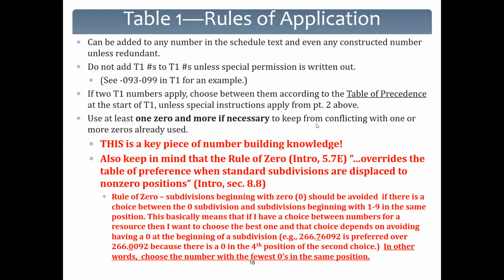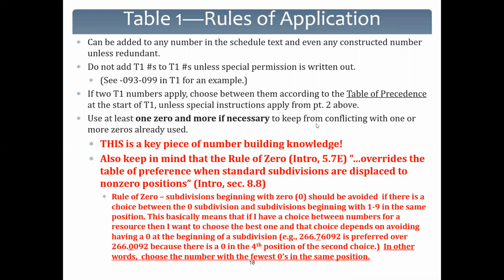There is a table of precedence, so if you have more than 2 numbers that apply, you want to look at that, and that's available in both WebDewey and the print. You do use at least the 1 0.